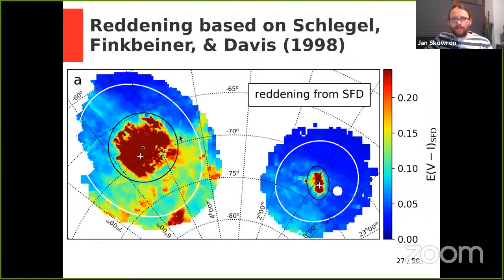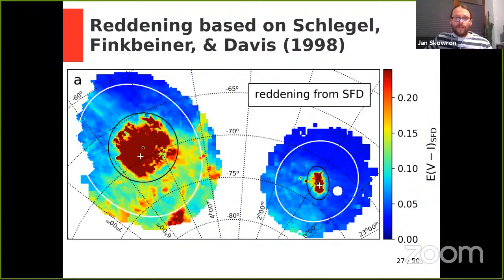This is a plot of the reddening based on the Schlegel et al. paper. They took observations of the COBE and IRAS satellites to measure the emission of the dust. And from the emission, they calibrated the mass and the reddening that would be caused by the dust that is emitting the infrared light they see.